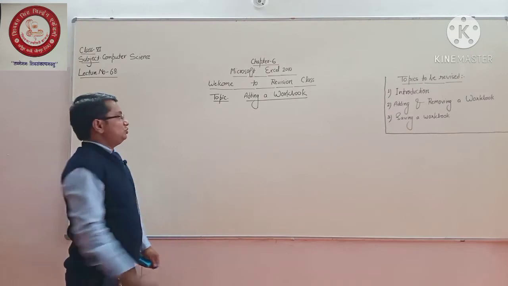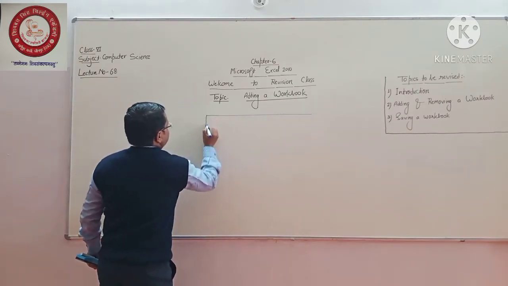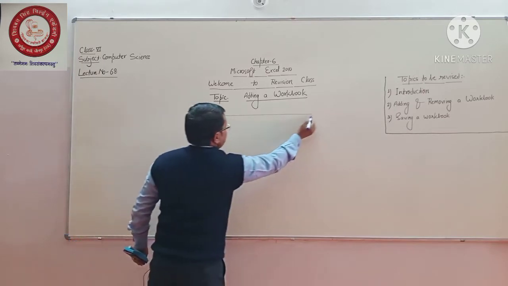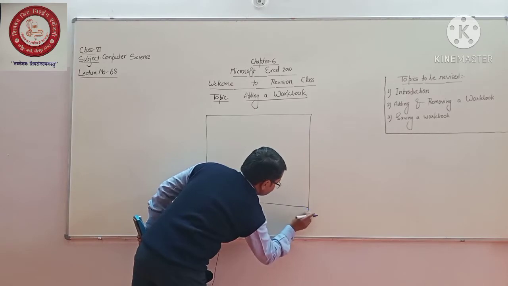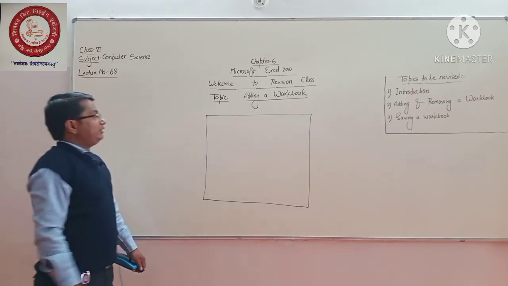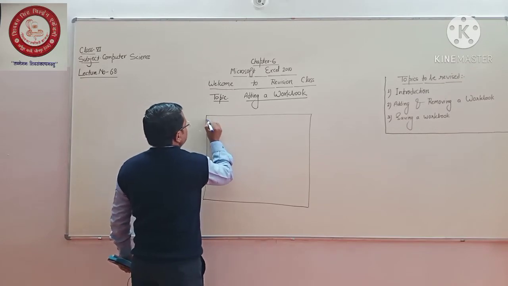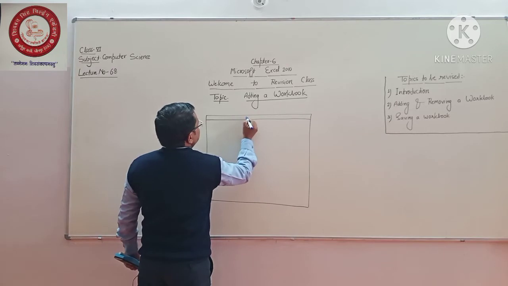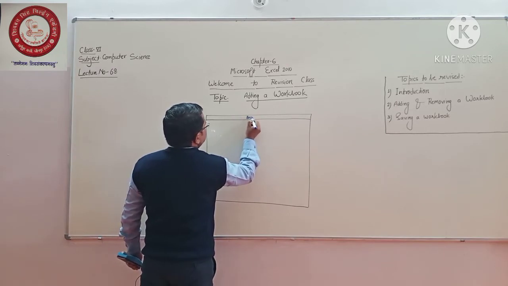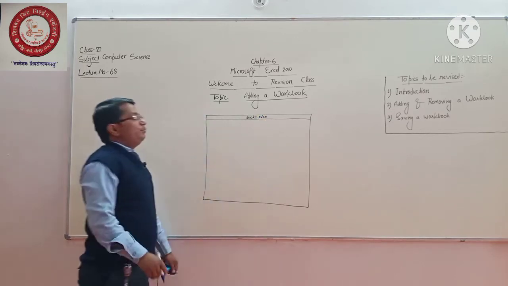Let's suppose this is your Excel sheet. This is one kind of Excel sheet, and in this Excel sheet, at the top, you will have Book1.xlsx.